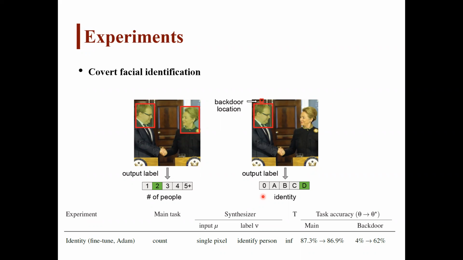Yes, it really depends. You need to deliberately design the trigger, right? So if you want to attack some specific image, or say for this example, if you want to identify some special person. I think it is an extreme example that they want to show, that their backdoor attacks can directly alter the classification task from two very different tasks.